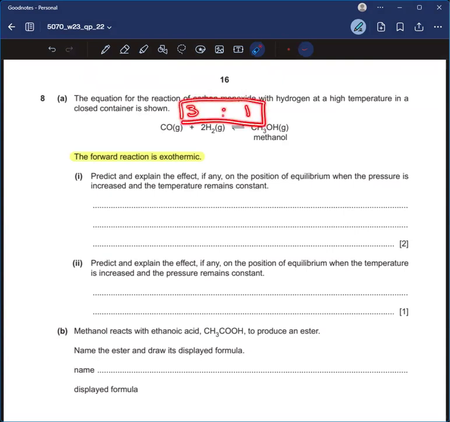So a 3:1 ratio is present. Here the pressure is increased, and we know that when the pressure is increased, the equilibrium moves towards the side with fewer moles. So we know that at the product side there are fewer moles.